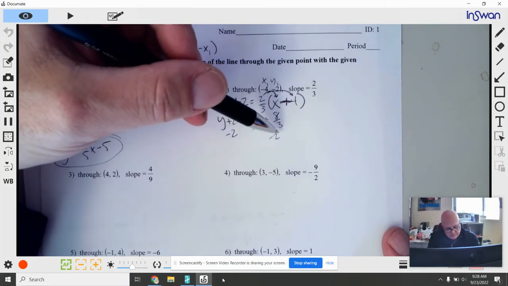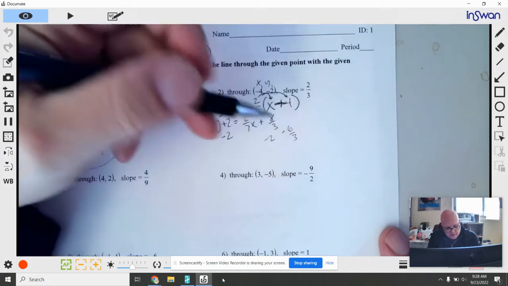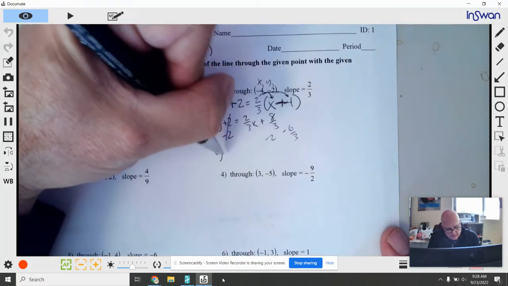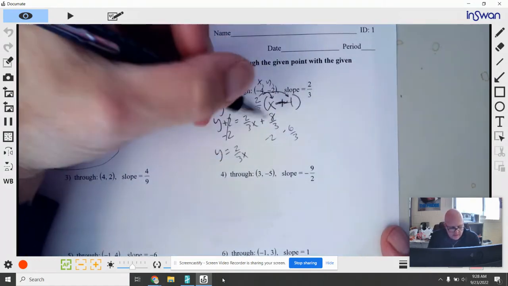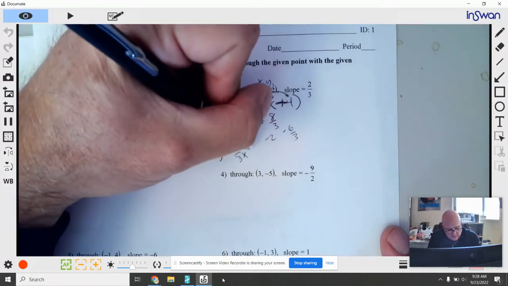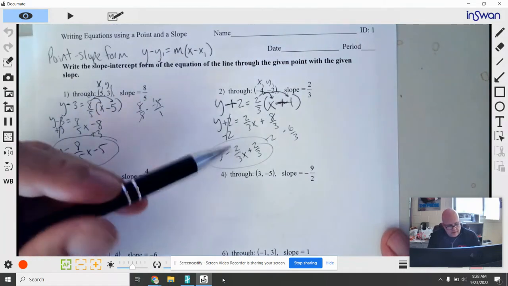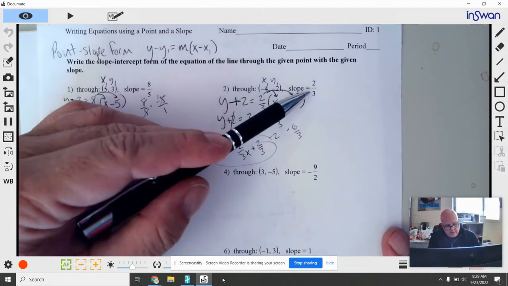So it's 3, and that's going to have to be minus 6 over 3, which represents negative 2. Okay, that cancels. We get y is equal to 2/3 x, and then 8/3 minus 6/3 gives you positive 2/3. So if I was to graph this line, it would go through the point (-4, -2), and it would have a slope of 2/3.